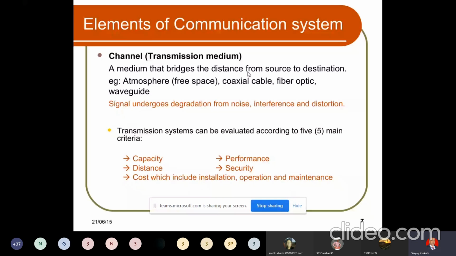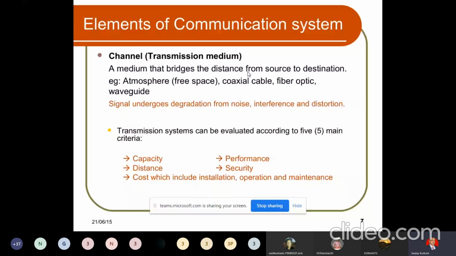So we have to take care whether the signal is affected by noise, interference or any other type of distortion, while designing the system. That means the channel, correct?